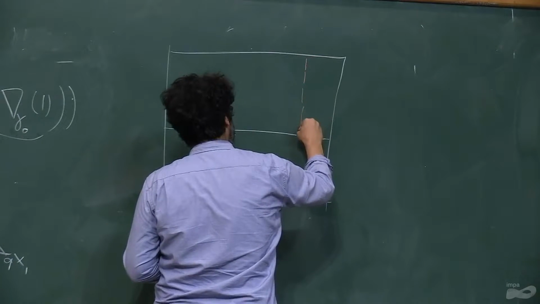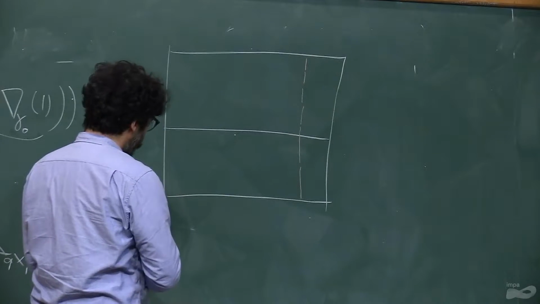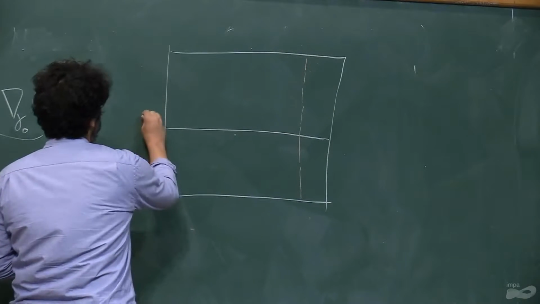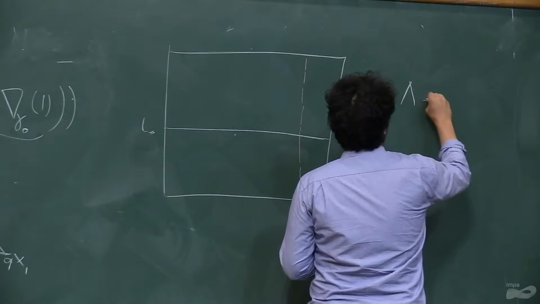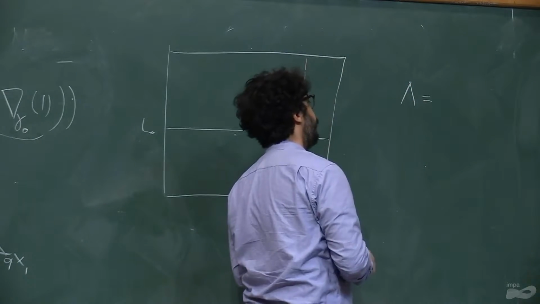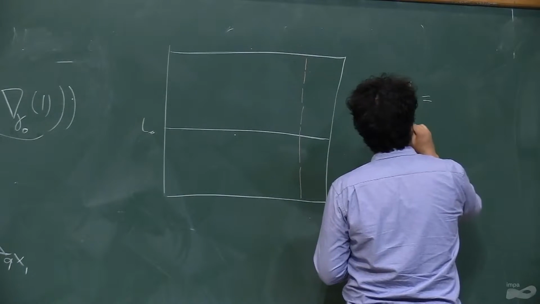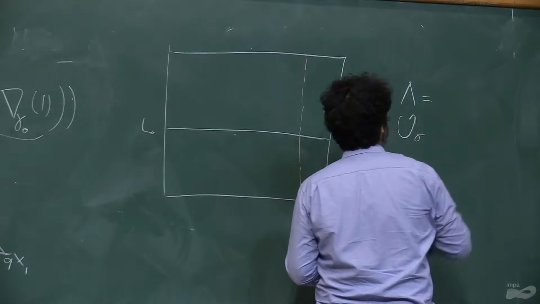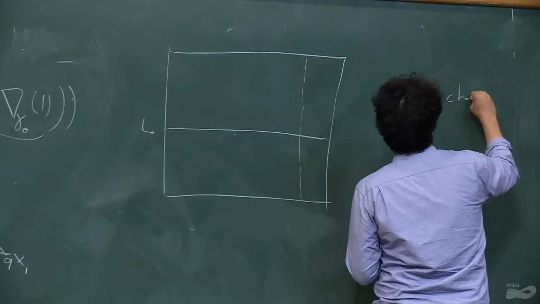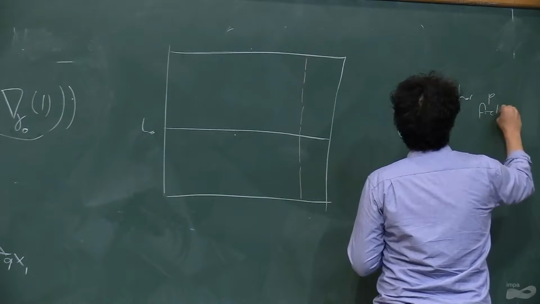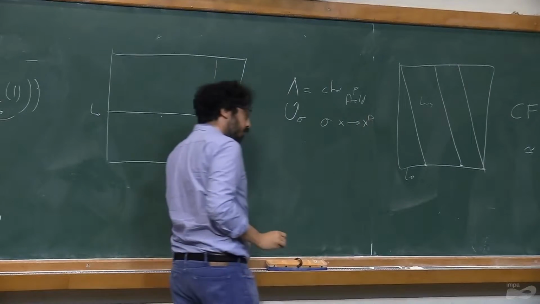Okay. And what does this mean? So let me take a field lambda. It doesn't matter what field it is, and an automorphism sigma. But for concreteness, let's take a characteristic p field. And let's say sigma is the Frobenius. Okay, so it's a field automorphism.